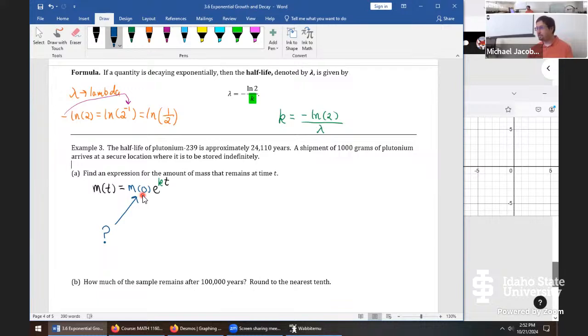I think this one's kind of tricky because the readout to the problem never says initial amount, but we have to infer that it's an initial amount. Want to see what that value ought to be?